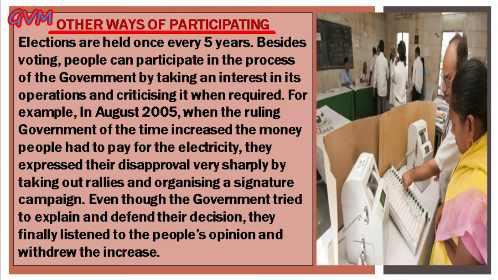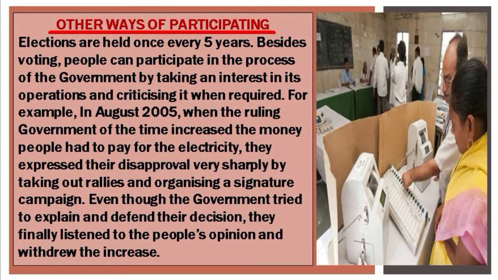Some such techniques are dharnas, rallies, strikes, signature campaigns, and other types of dissent. And in this process, mass media like TV, daily newspapers, magazines, and different organizations additionally play a noteworthy part in highlighting public issues and shaping general opinion.